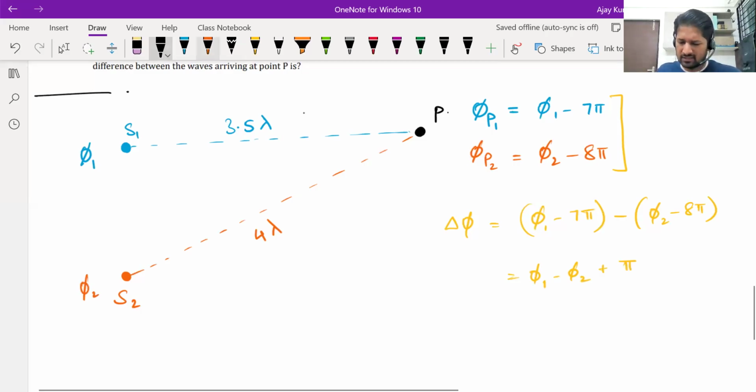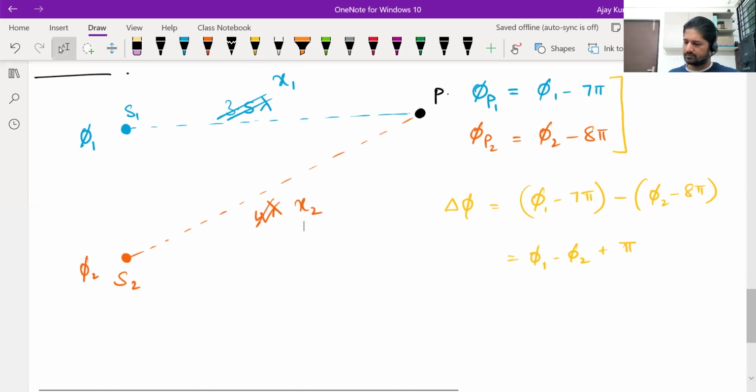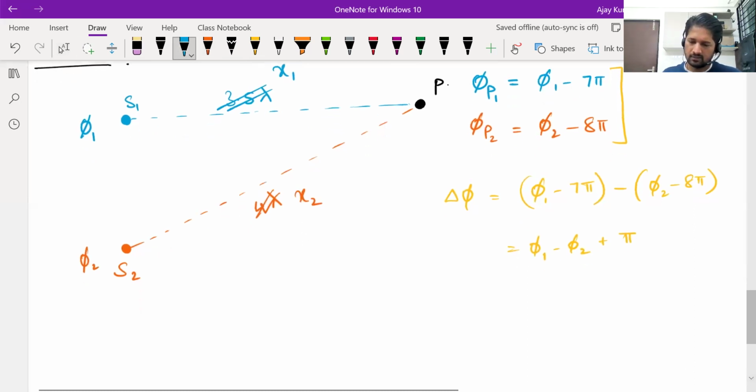And we can generalize this also. Instead of 3.5 lambda, suppose this distance is given as x1. And instead of 4 lambda, let's say this is given as x2. Now you tell me, what is the phase with which the wave arrives there from S1 if the distance is x1?